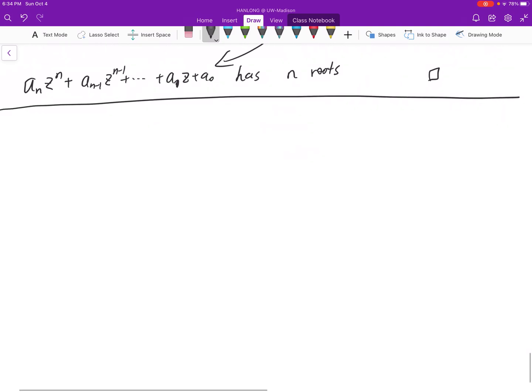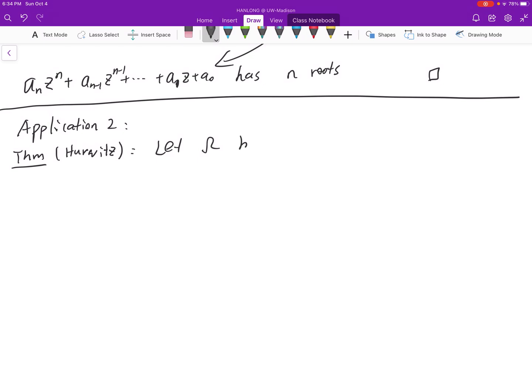Okay, next, applying the Runge theorem, we can prove another interesting theorem due to Hurwitz. Theorem (Hurwitz).